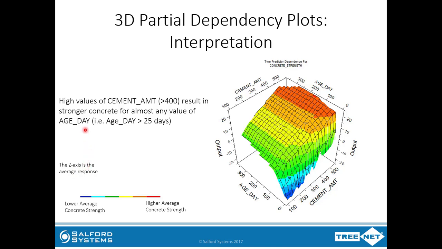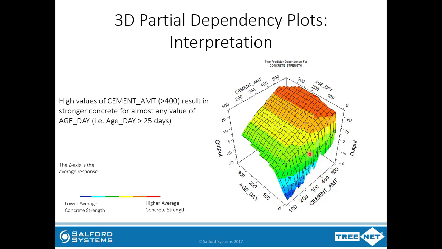And so what this plot is telling you is that high values of cement amount, especially when you're over 400, so in this region here, result in stronger concrete for almost any value of age day, but especially when age day is over 25. So here we're over 400 for the cement amount, and we need to find age day where it's over 25, so it's probably around here.